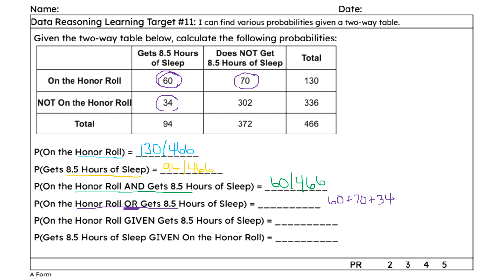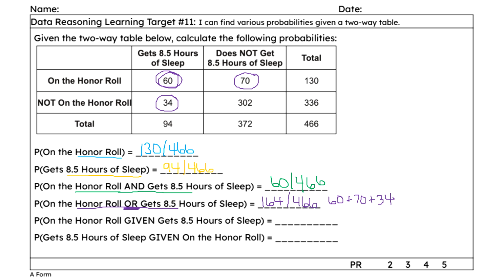Okay, so on the calculator, 60, 70, and 34 together is 164 people, 164 out of the 466 total.